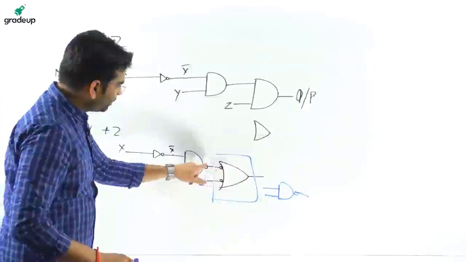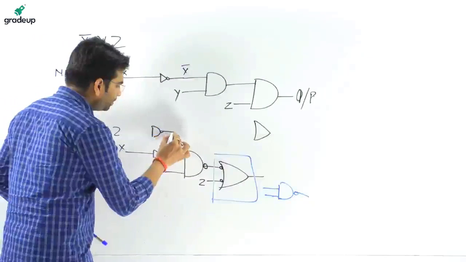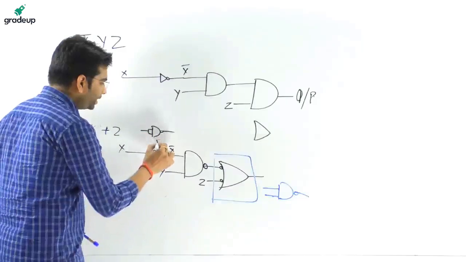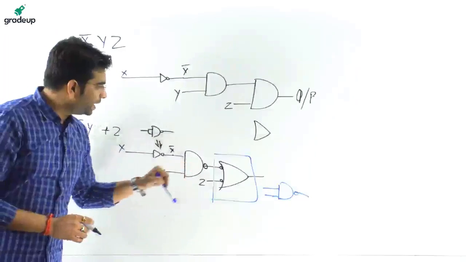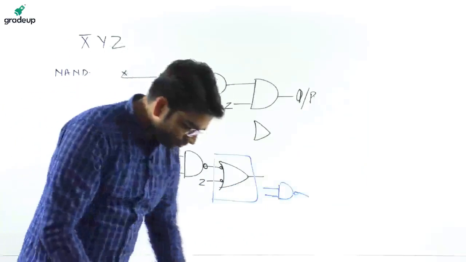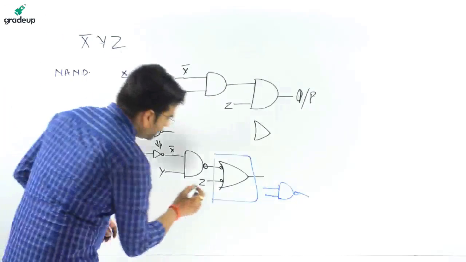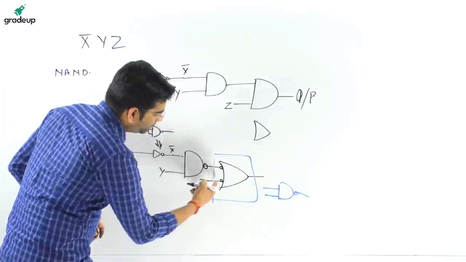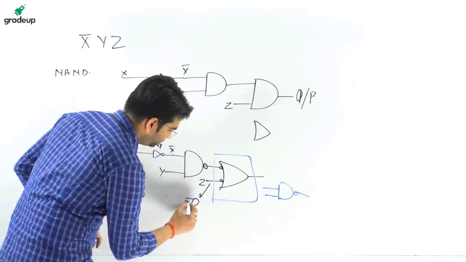For reducing its effect, we again make it a NAND gate. For this NOT operation, again we have a NAND gate at this place. 1 NAND at this place, 1 NAND at this place, 1 NAND at this place. By this trick you can solve the questions. Here Z was applied, so 1 NAND at this place is required.